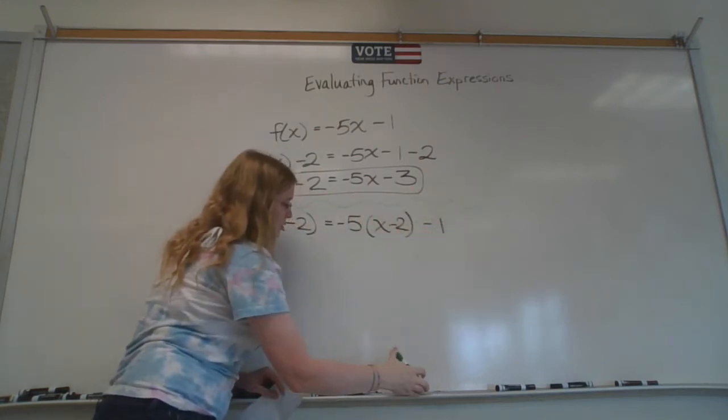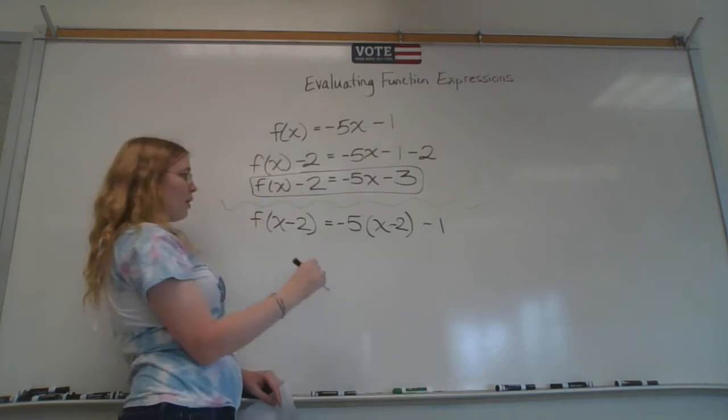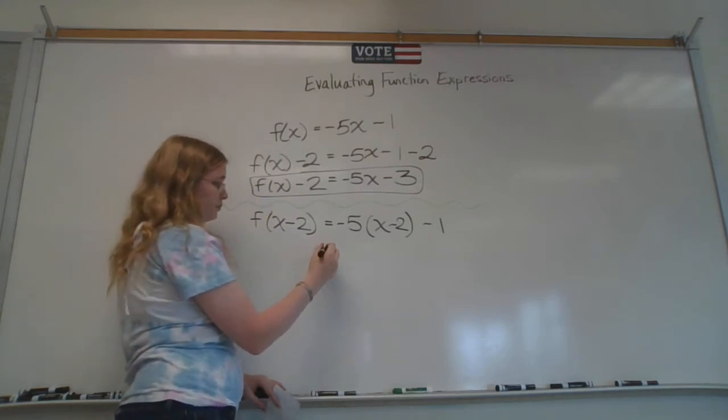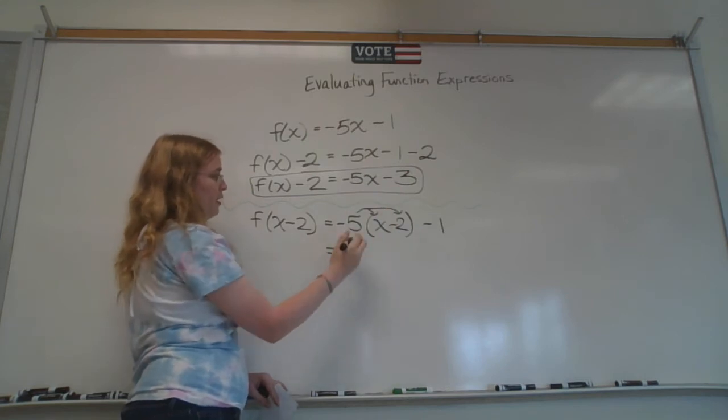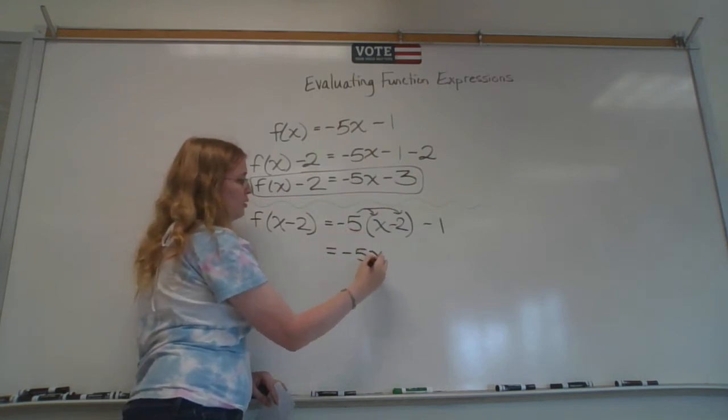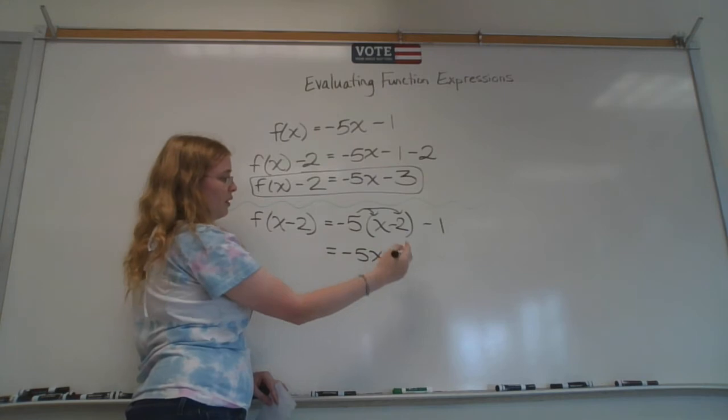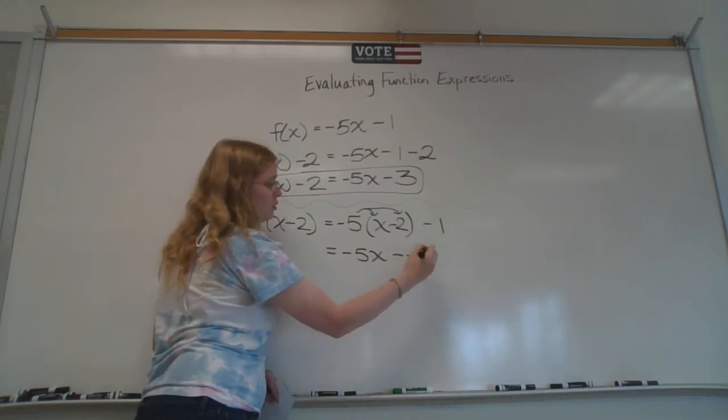So you keep these separate. We've got the distributive property here, negative 5 times x minus negative 5 times 2.